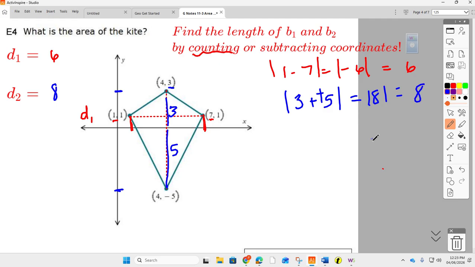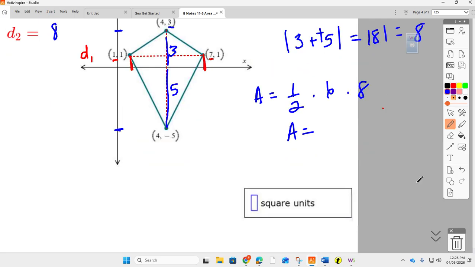So the number 8 is 8 units from 0. If it were a negative 8, it would still be 8 units from 0. So now we're going to plug into our formula. So now we know the area of this kite.